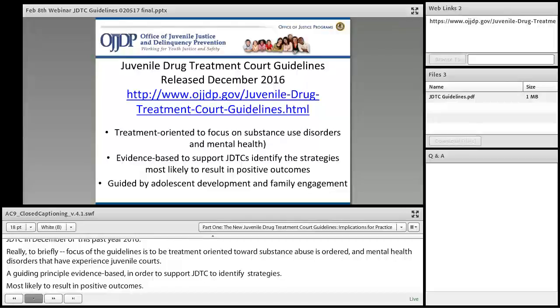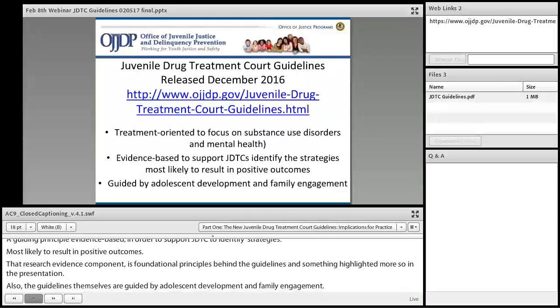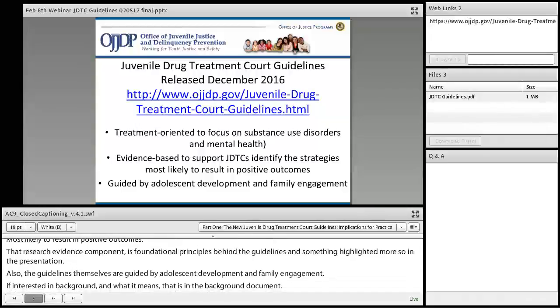The guidelines themselves are also guided by adolescent development and family engagement. If you were interested in a little more background on what that means and how we translated that into the guidelines, that is in some of the background documents. It is an important point to keep in mind when we're presenting the research that it is very focused on youth populations and how youth are developmentally different than adults.